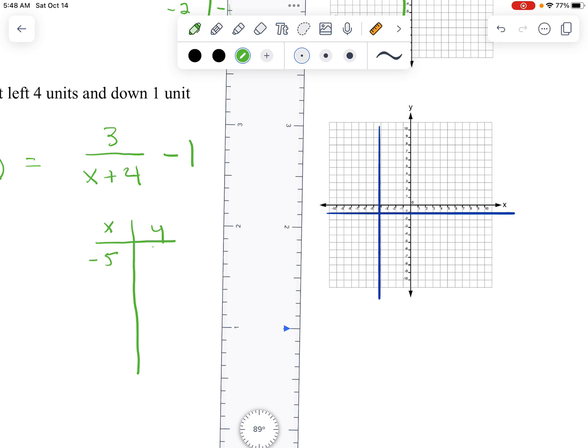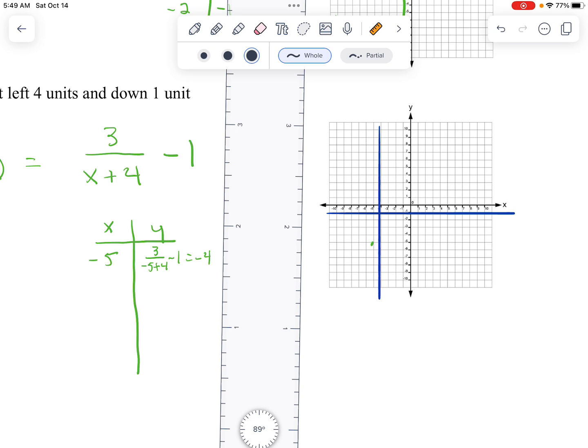-5 is going to give me 3 over -5 plus 4 minus 1, which is -3 minus 1, or -4. 1, 2, 3, 4. Which makes sense if you think about it, because here would be the point without the stretch, and I've stretched up 3 units. So let me erase that part.